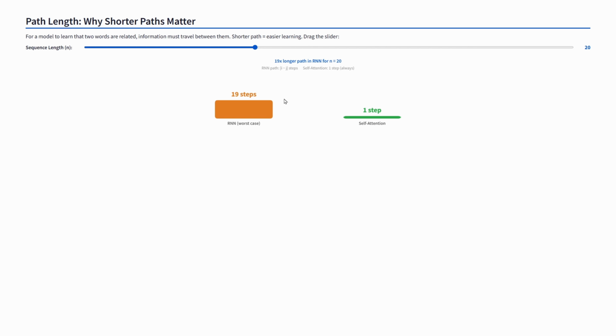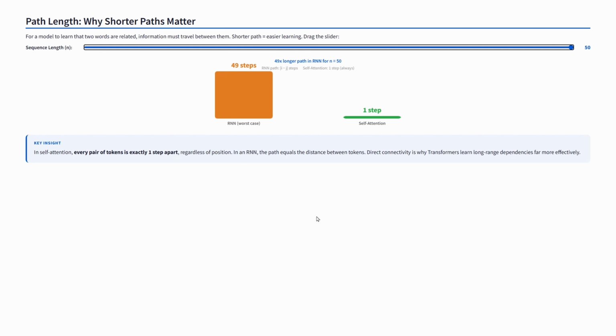it's the same. Okay, let's try dragging it to 50. The orange bar stretches to 49 steps, but the green bar stays exactly where it is, 1 step. This is why transformers learn long range dependency so much more effectively than RNNs.